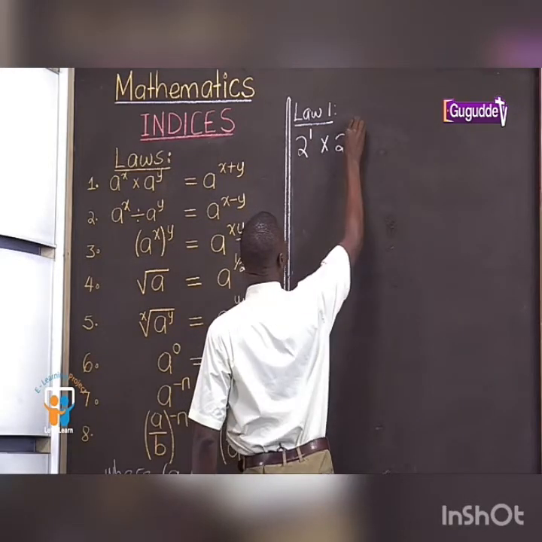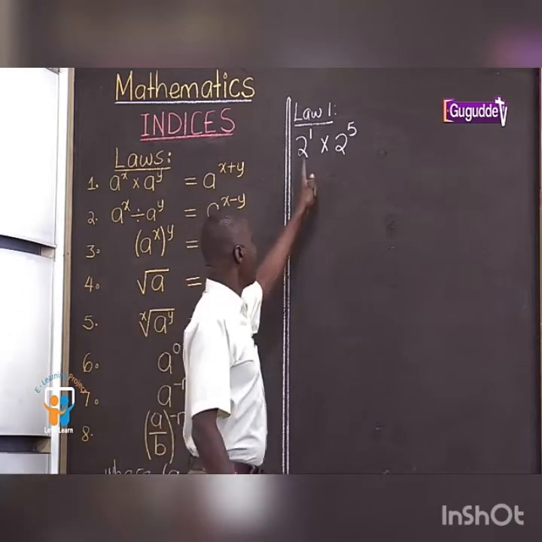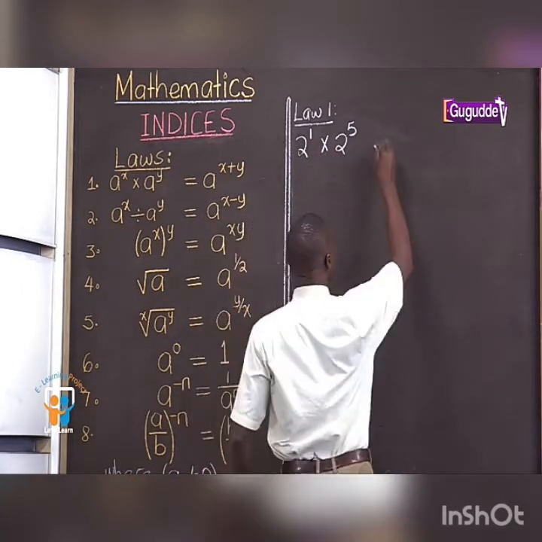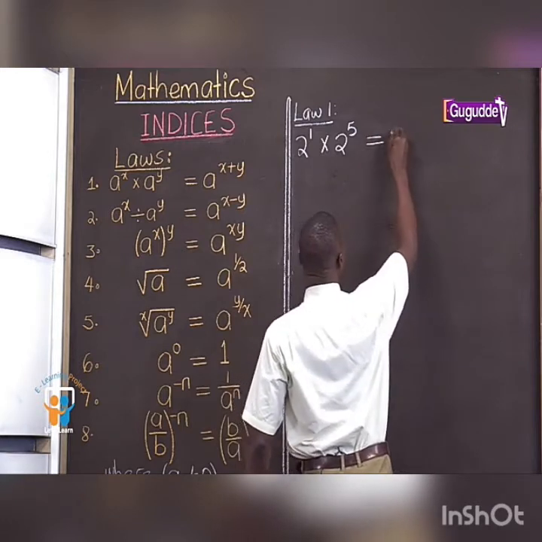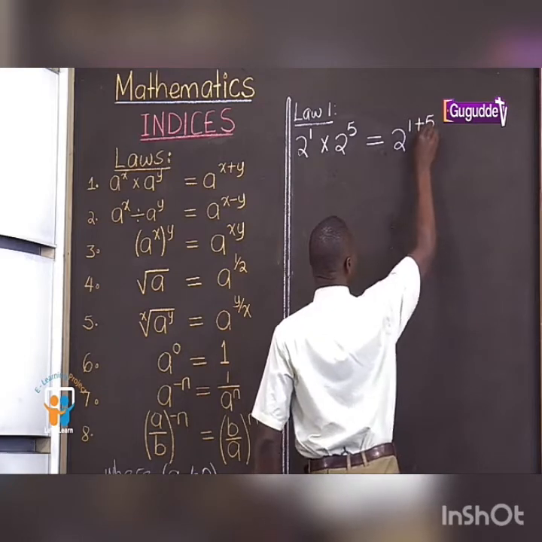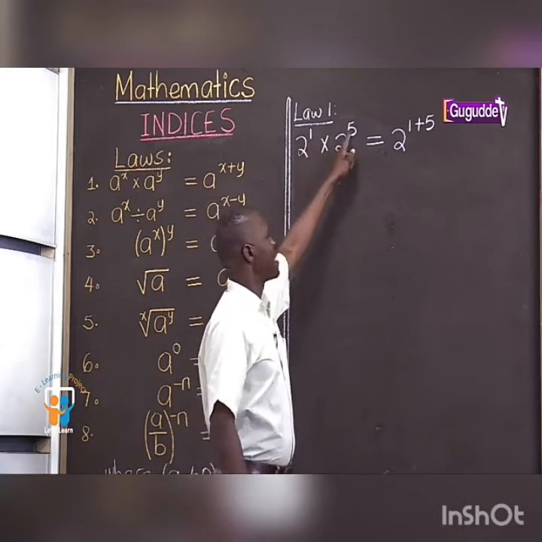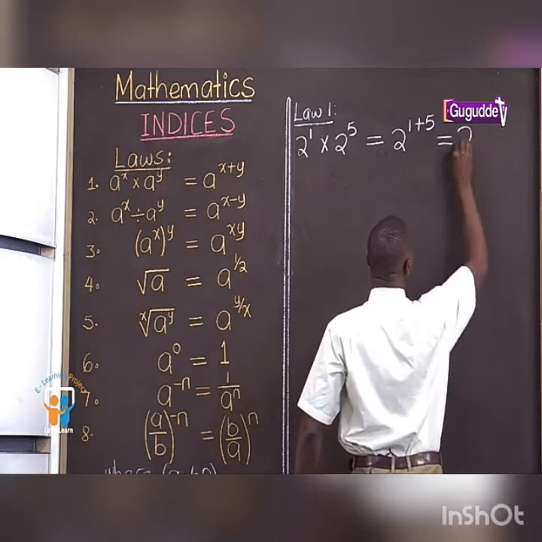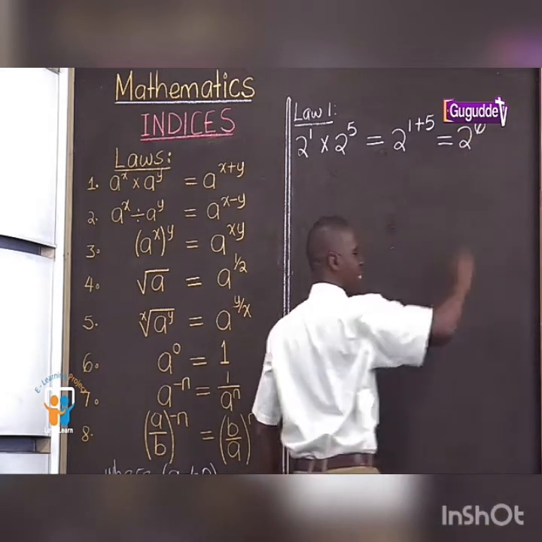The bases are the same. You're multiplying. What do we do to the powers? Mr. Examiner, sir, this will equal 2 to the power 1 plus 5, the first power plus the second power, to give us a total of 2 to the power 6.